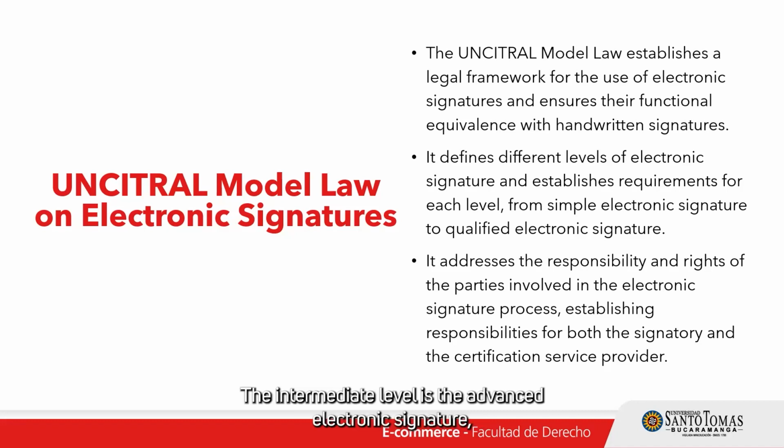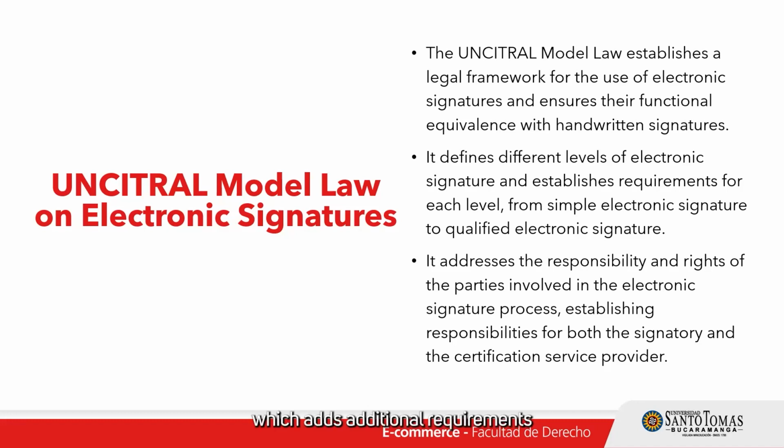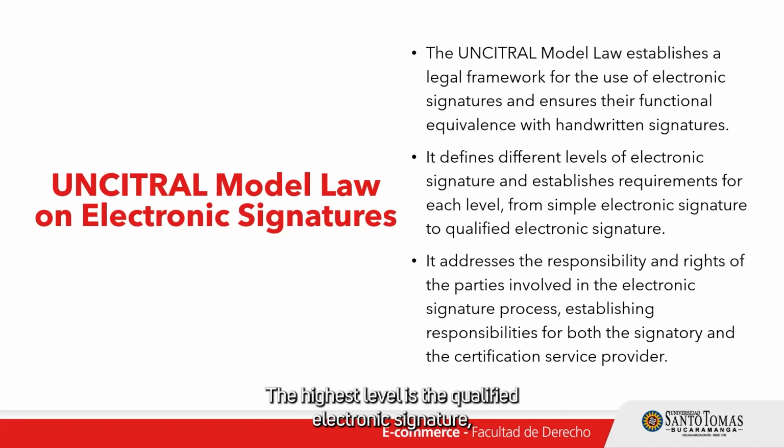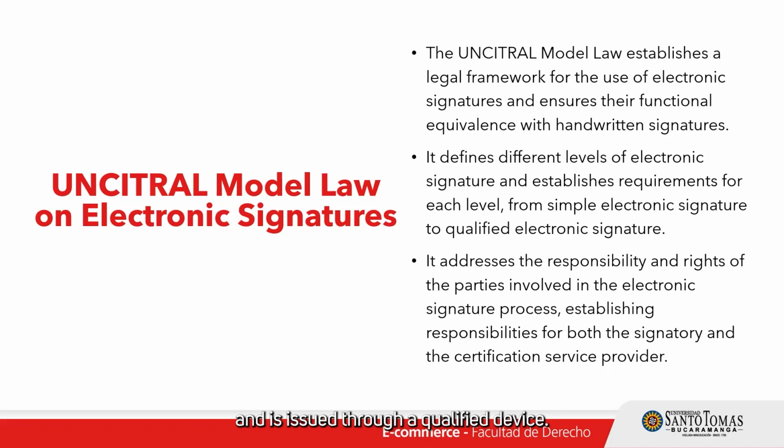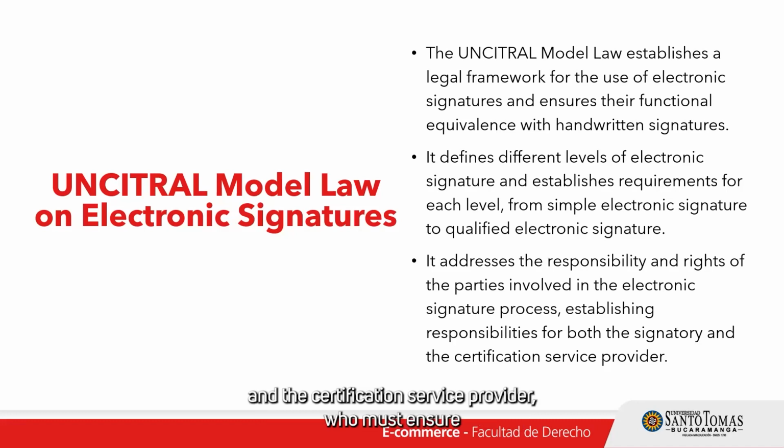The intermediate level is the advanced electronic signature, which has additional requirements such as signatory authentication and message integrity. The highest level is the qualified electronic signature, which meets the same requirements as a handwritten signature and is issued through a qualified device. The law also addresses the responsibility of the signatory and the certification service provider, who must ensure the integrity and authenticity of the electronic signature.